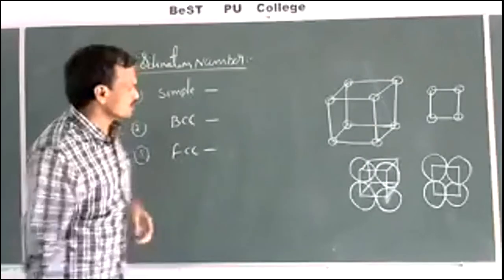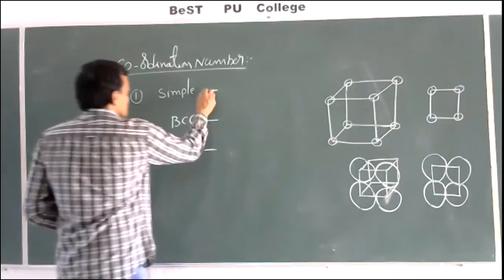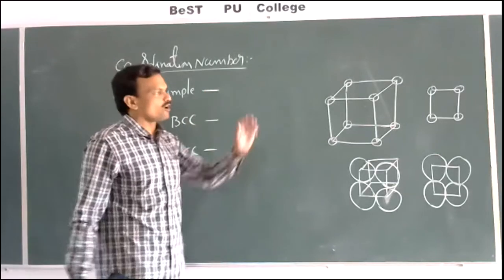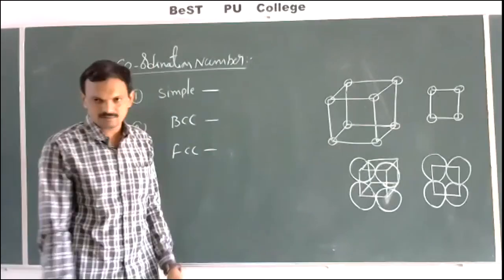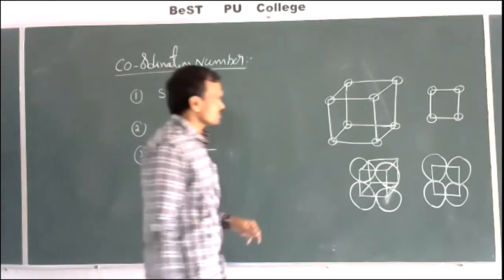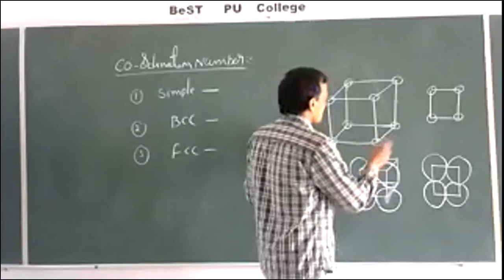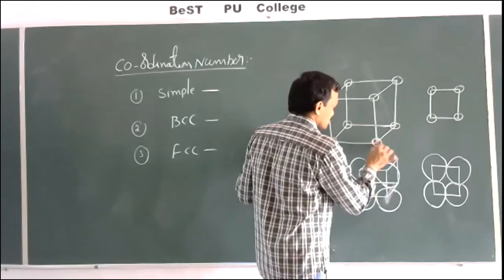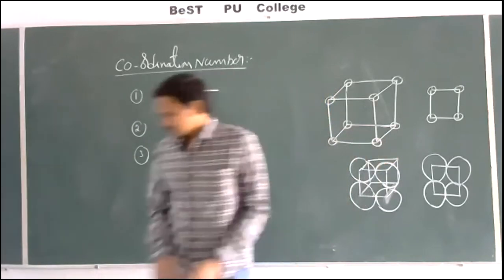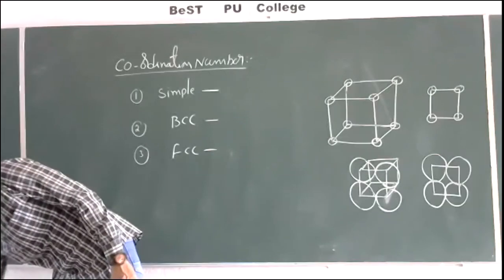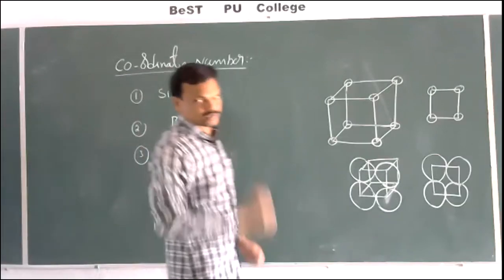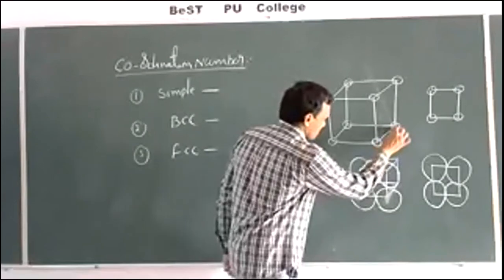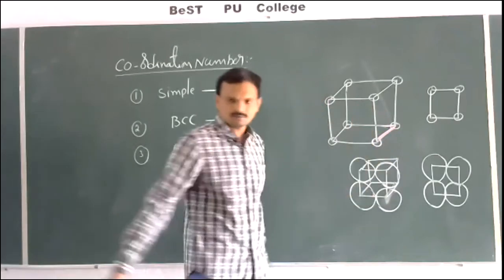Now here, each particle in this lattice is in contact with how many nearest particles? See, I will select one particle here. Now, this particle is in contact with how many nearest neighboring particles? It is in contact with this particle, 1.